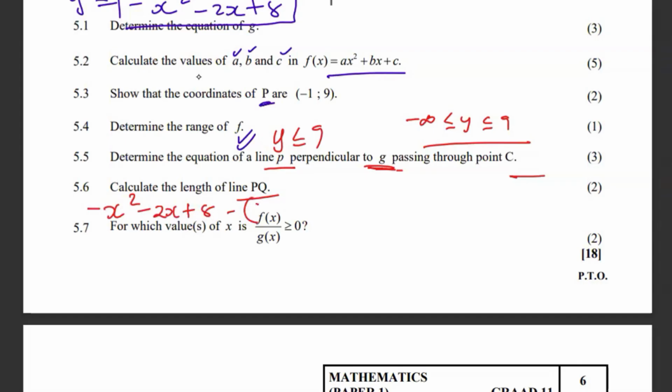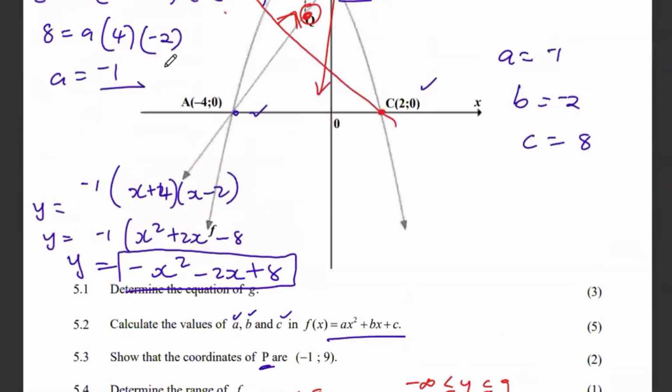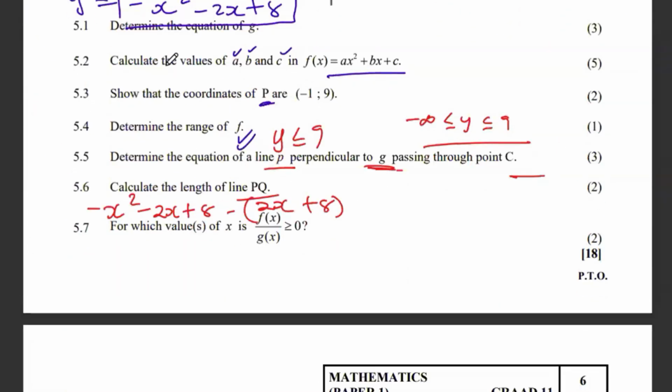We are subtracting 2x plus 8. When you open that up, you're just going to have negative x squared. The 2x and the 2x is going to give us minus 4x, and then that will die out. So this is the length.